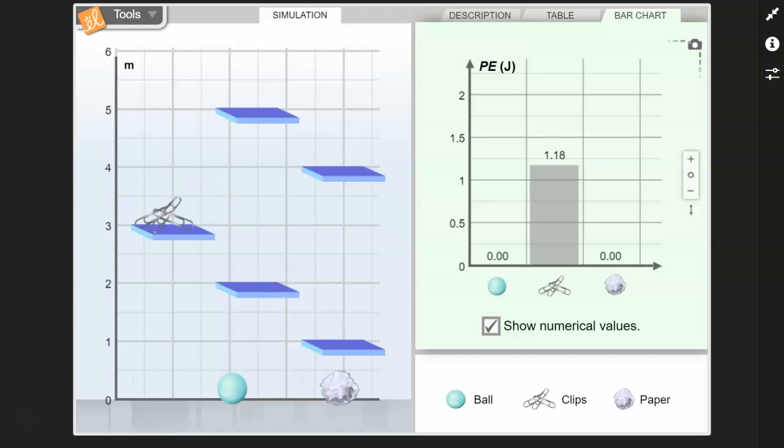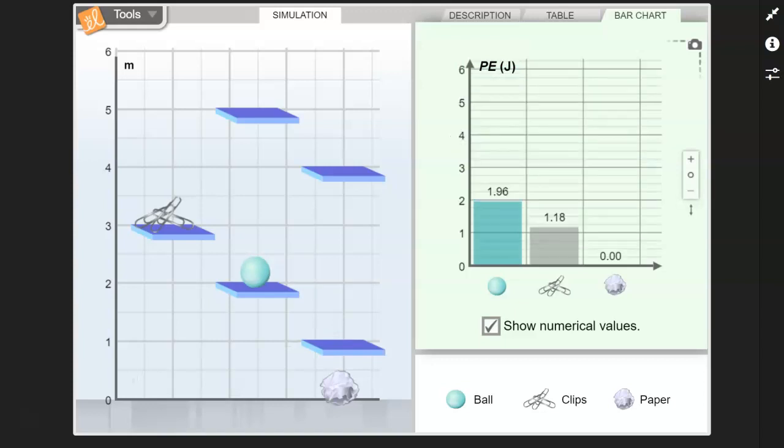Now, if I take the ball, I can see the ball has 0.98 joules on the first shelf. On the second shelf, the ball has 1.96 joules. And the ball on the third shelf has 2.94 joules of gravitational potential energy.